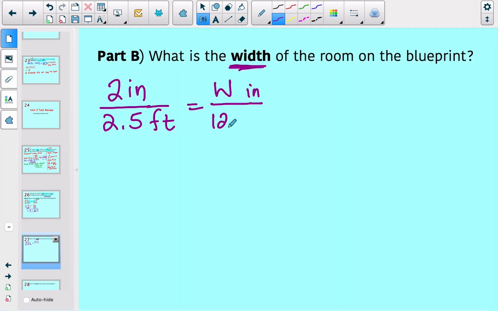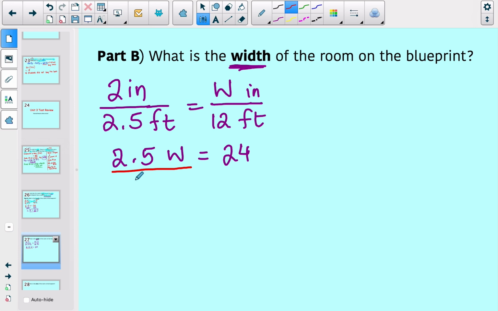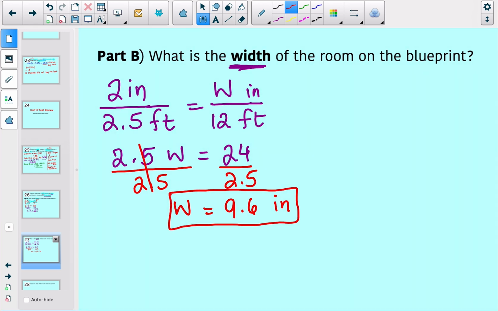So I'm going to put 12 feet right there. Again, 2.5 times W gives me 2.5W, and this gives me 24. Now to do the same thing, to get rid of the 2.5, I must divide by 2.5 on each side. So W is equal to 9.6 inches. So now I know my width in the blueprint is 9.6 inches.